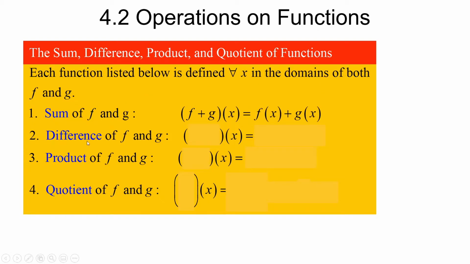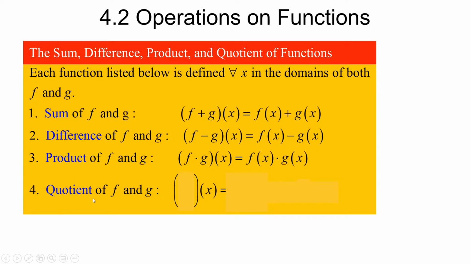Number two, the difference of f and g. That's going to be f minus g of x, and that is nothing more than f of x minus g of x. And then, of course, the product of f and g. That's going to be f times g of x, or f of x times g of x.